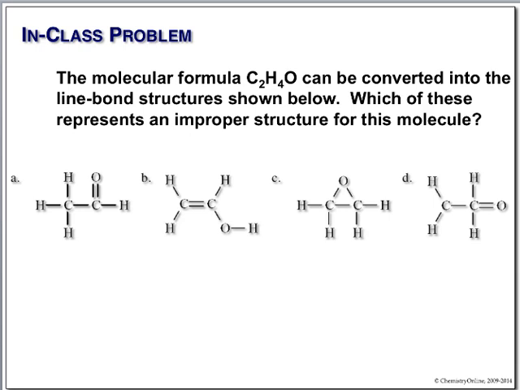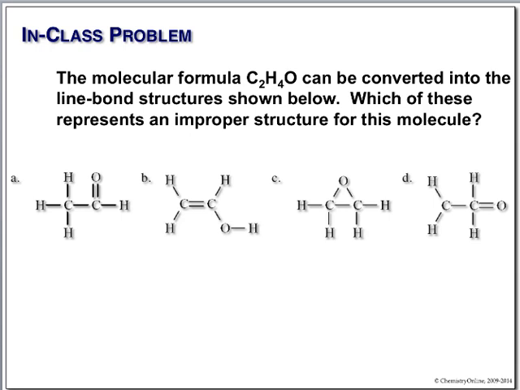Our first one here, we have a carbon-oxygen double bond. Carbon is doubly bonded, one more single, 4 bonds on it, it's happy. It's a carbonyl. It's an aldehyde, remember? And we have 3 hydrogens on this. That's a good structure. It's called acetaldehyde.